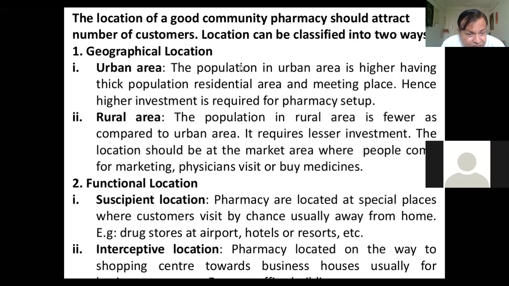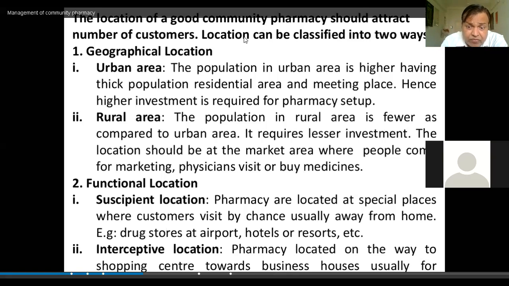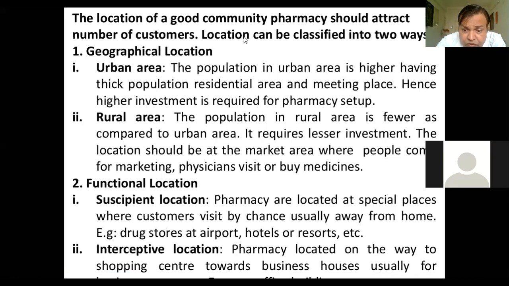There, no physicians are available, but customers are coming for some other purpose, they require medicine, and they can reach the pharmacy shop. Similarly, interceptive location: here the pharmacy is located on the way to a shopping center or towards business houses.